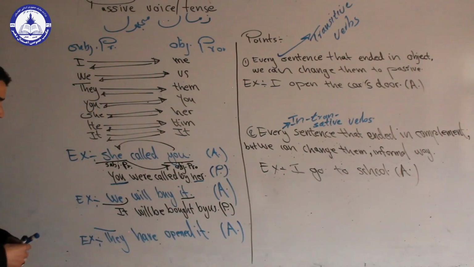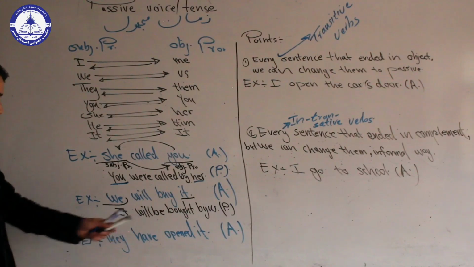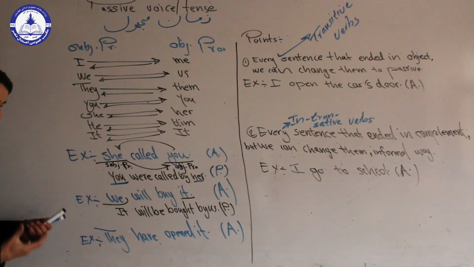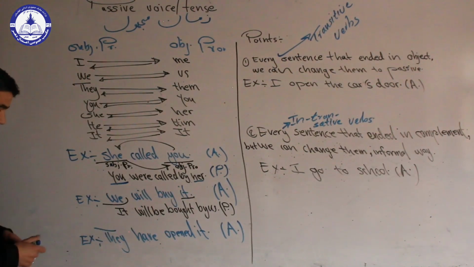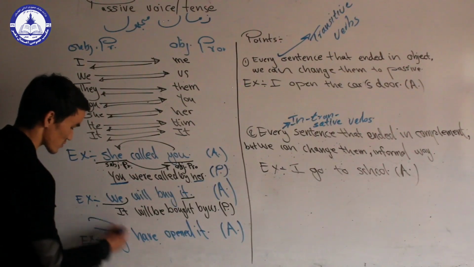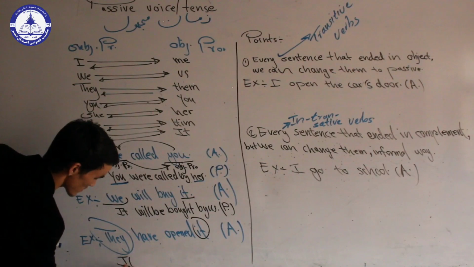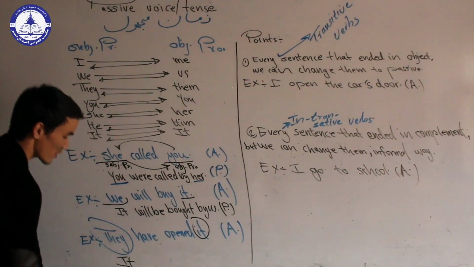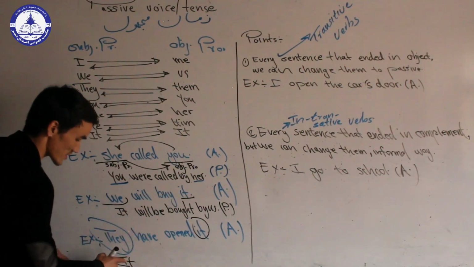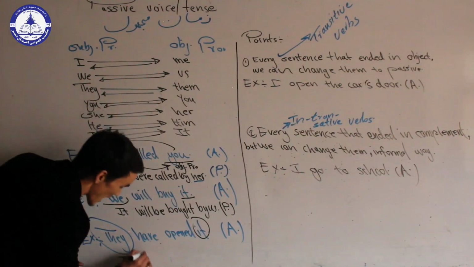And next example, they have opened it. See, I'm going to consider it is present perfect tense. Now it's time to change the place of object to subject and subject to object. See, "it" should be at the first. Next, can we use it with "have"? No, because it's a singular subject pronoun, we should use "has".